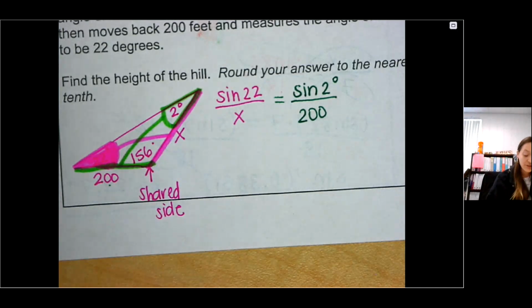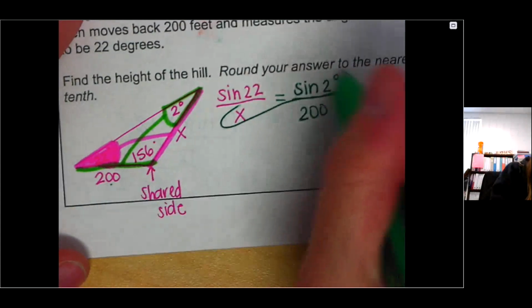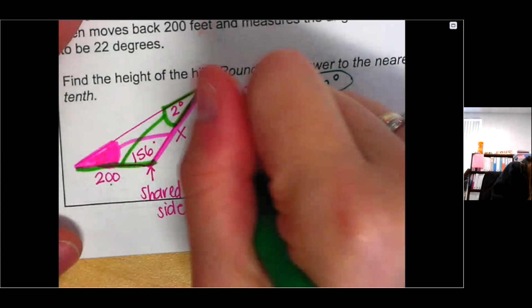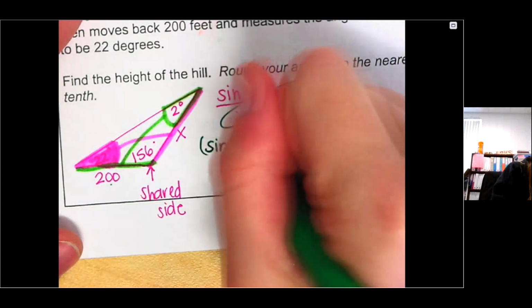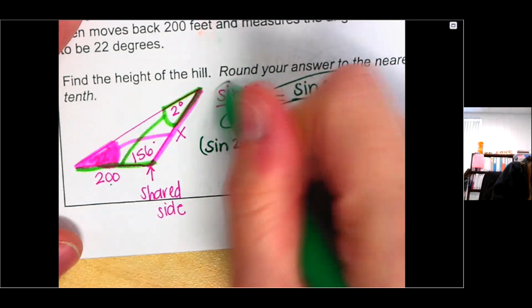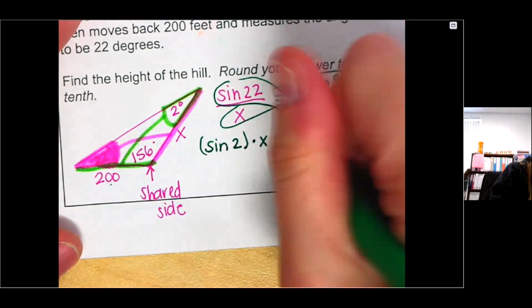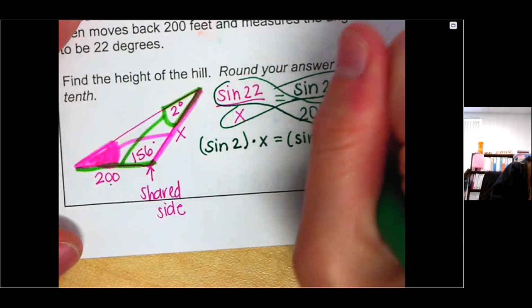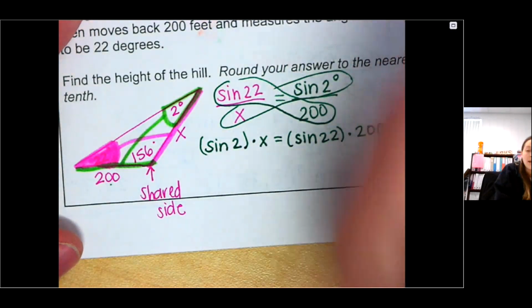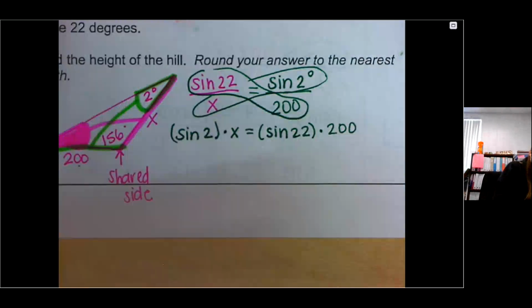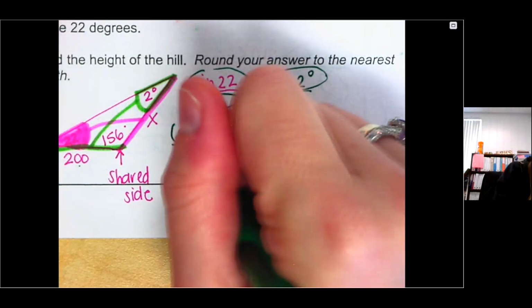Okay, now I'm going to cross multiply. And then my final step to get x by itself is I'm going to divide both sides by sine of 2.